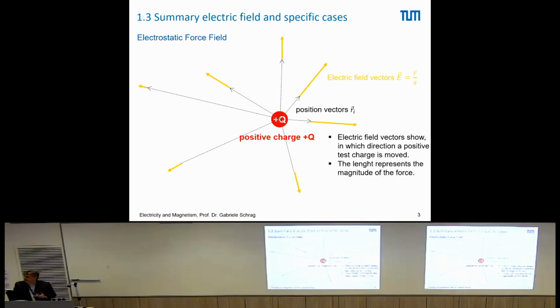In this concept, we take the force vector and, so to say, normalize it. We take out this test charge, this small q. And so the electric field provides a measure for the force to be expected once you bring in the test charge.